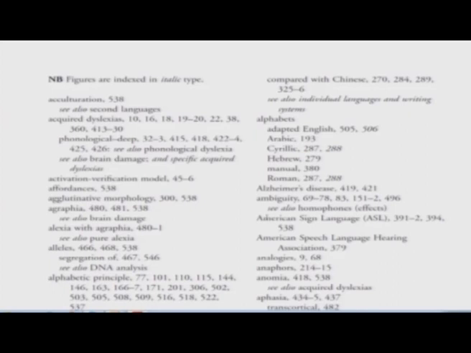Say for example, the first one here is acculturation. So, this is a keyword. Say you are researching this particular topic. So, you find that this topic has been discussed in this particular book.